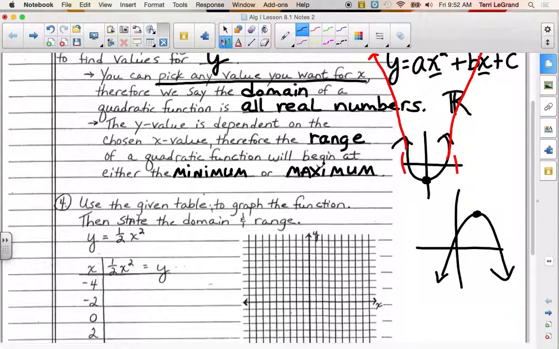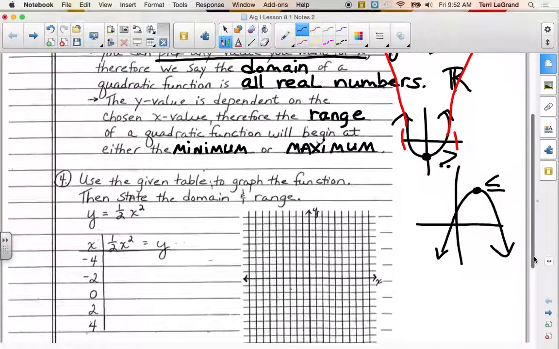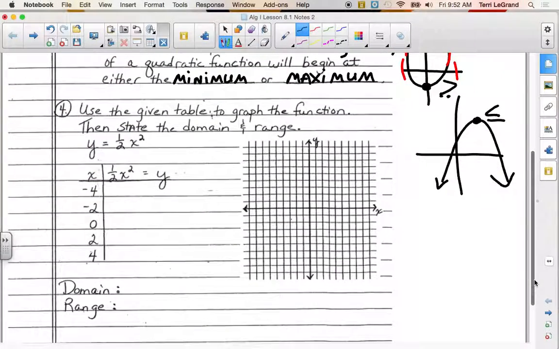We're going to have to say, oh, well, y has to be greater than something or equal to it. Here we would have to say y has to be less than or equal to something because it doesn't go any higher than that. So you have to be more careful with the range. The domain, you get to just almost be brain dead and say it's all real numbers. But the range you can't be brain dead on.